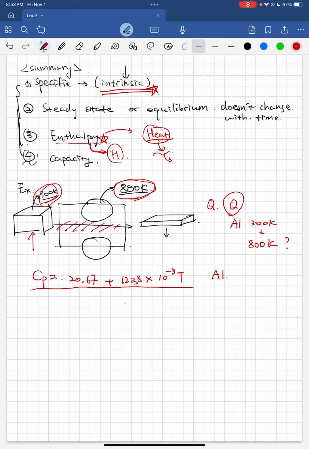And solve, and wait, this bulk is 1,000 kilogram. Okay?